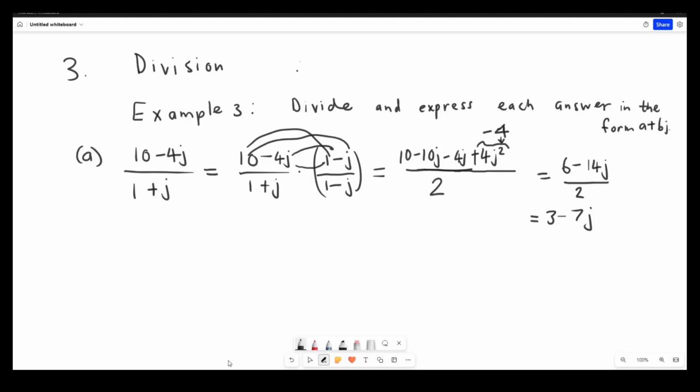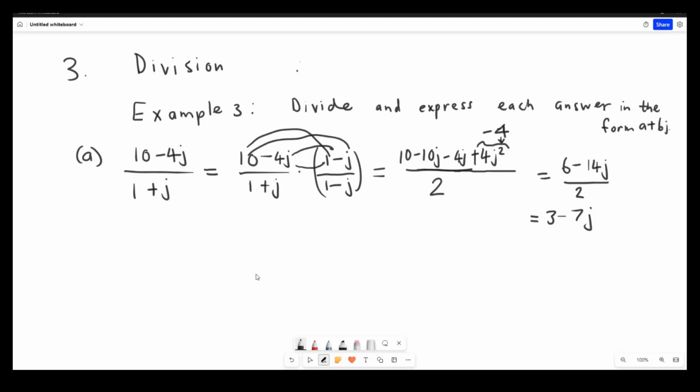Because we are multiplying by 1 basically. We haven't changed anything, it's the same answer. Any number multiplied by 1 remains unchanged, so we have equality.